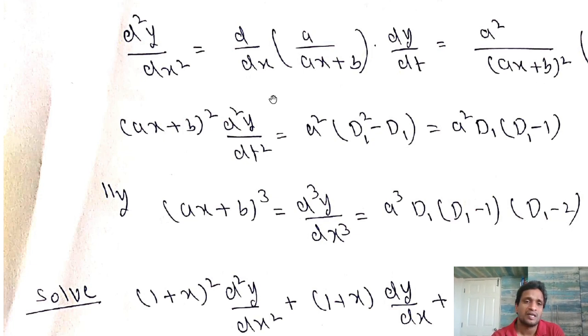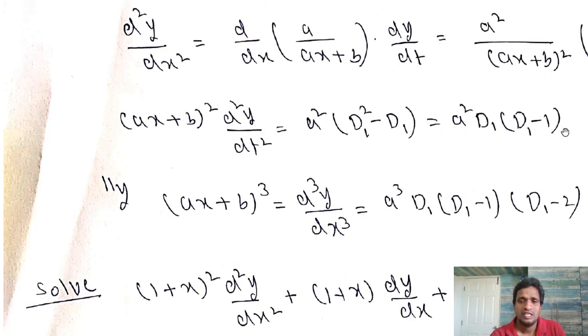If I cross multiply, (ax+b)^2 d^2y/dx^2 = a^2 (D_1^2 minus D_1). Taking D_1 outside, a^2 D_1 (D_1 minus 1).